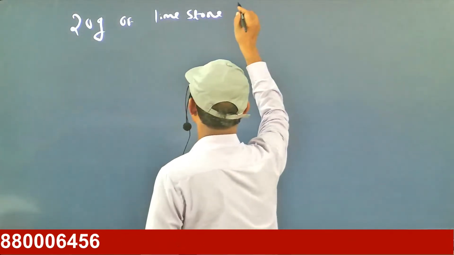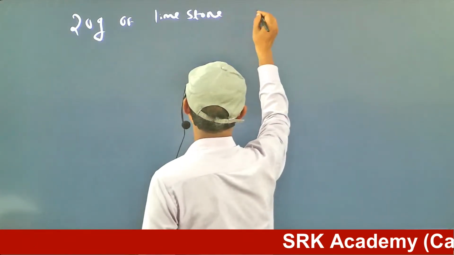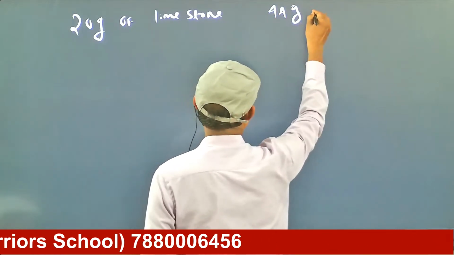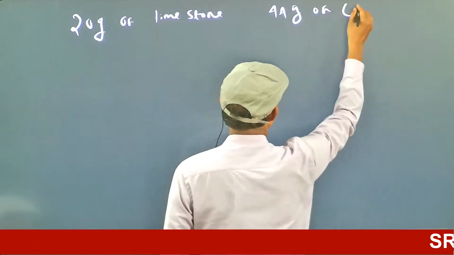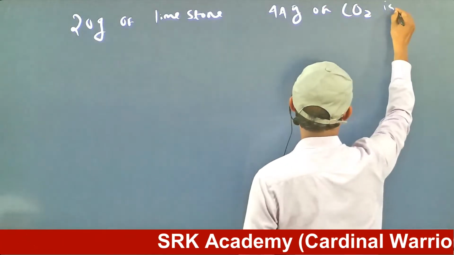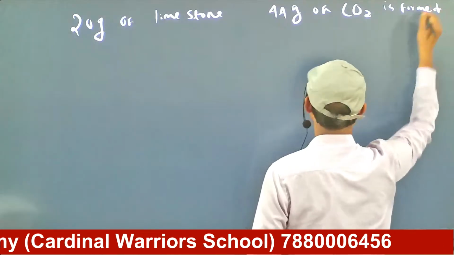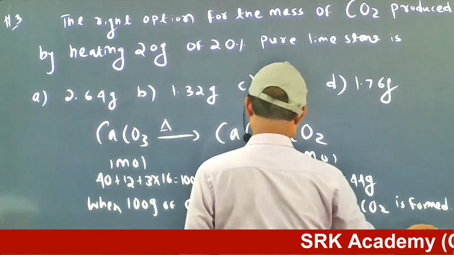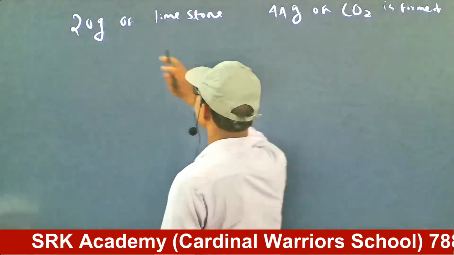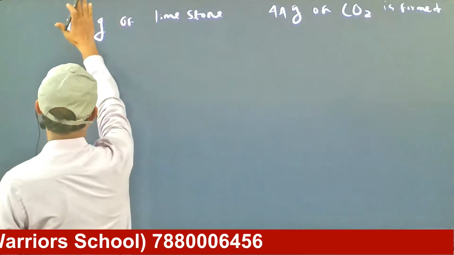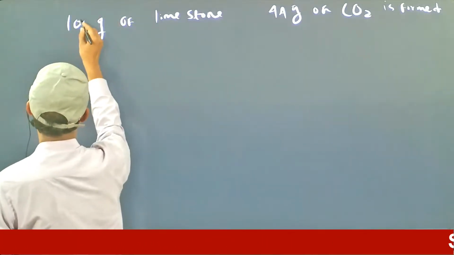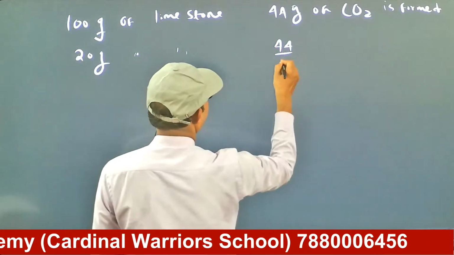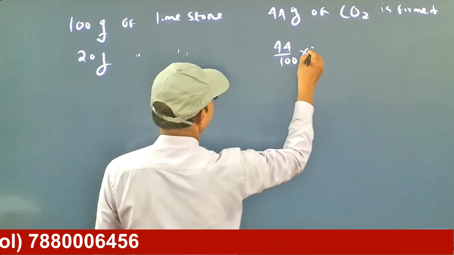How much are you getting? Out of 100 gram, 44 gram of CO2 is formed. Understood? So out of 20 gram of limestone, it is 44 upon 100 into 20.